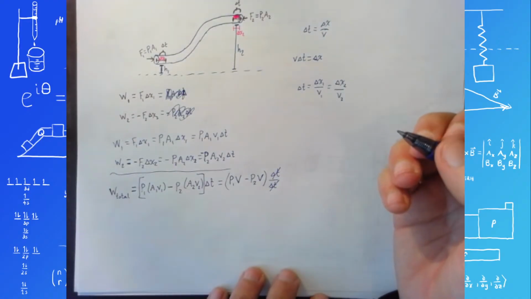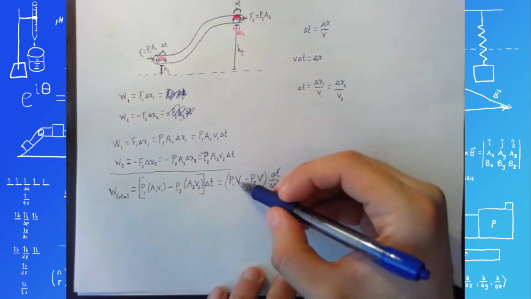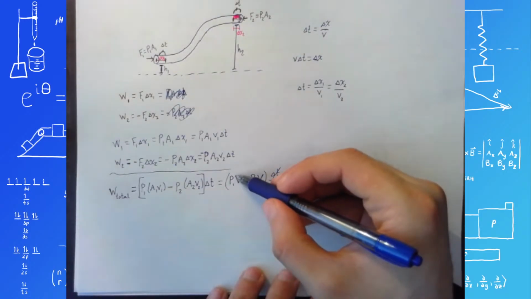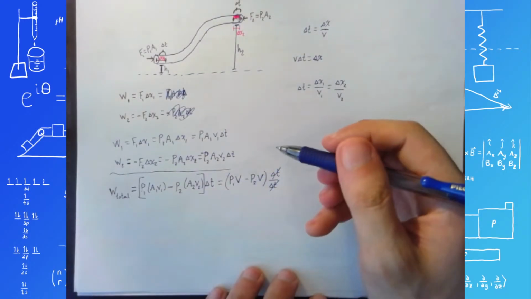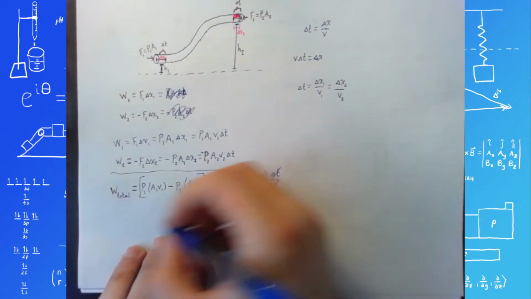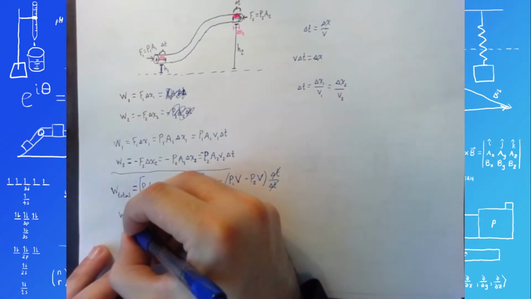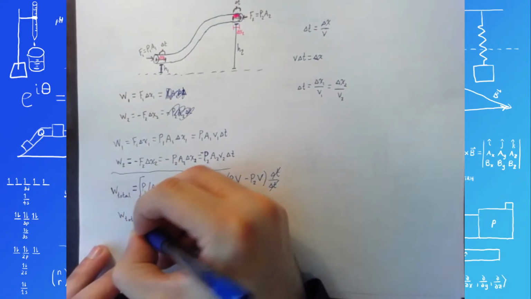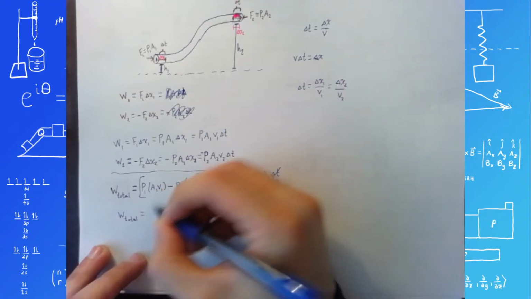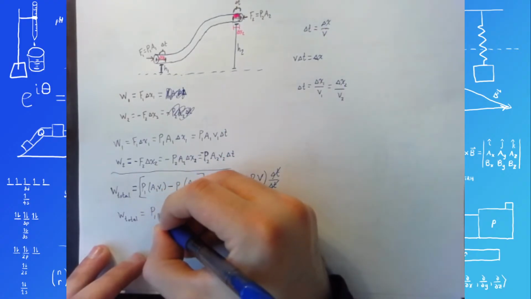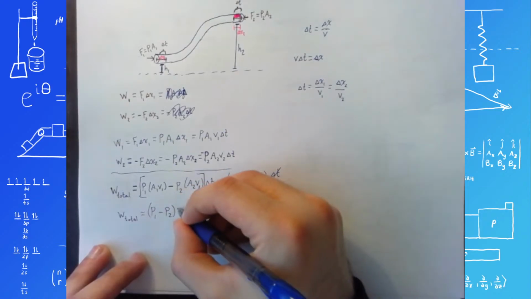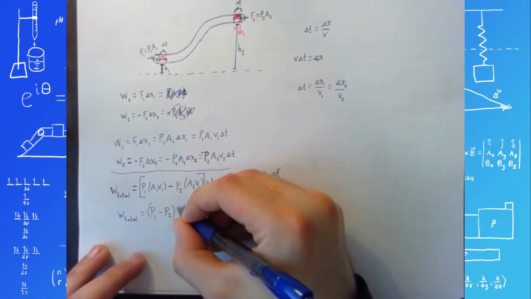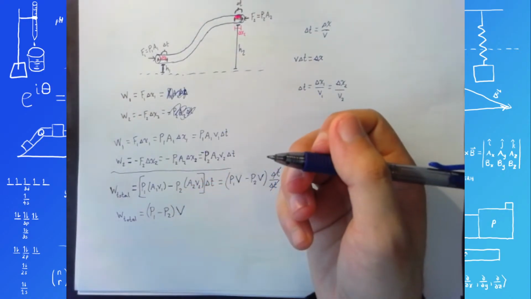So the total work is going to be pressure 1 times the volume minus pressure 2 times the volume. So total work is P1 minus P2 times the volume. Okay, well, what is the volume?